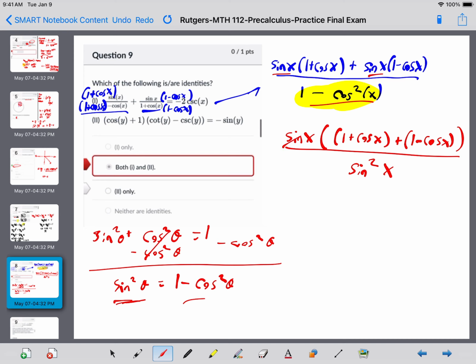So 1 sine would cancel out, and there's nothing really happening in the parentheses, so you could drop them. Cosine x minus cosine x is 0. 1 plus 1 equals 2. So we have 2 over sine x, which equals 2 cosecant x.